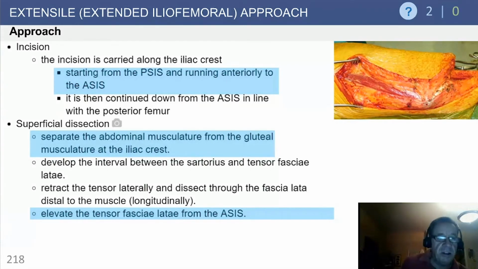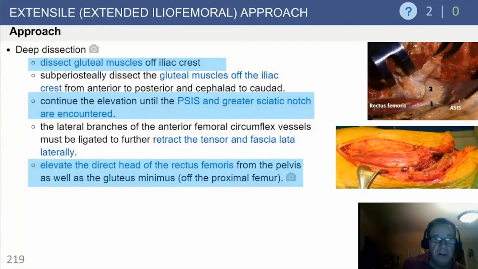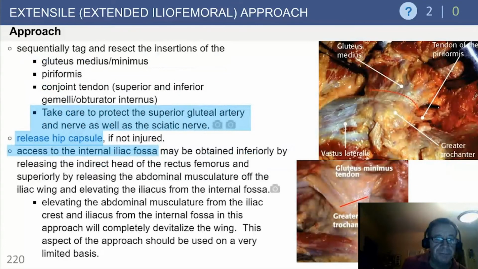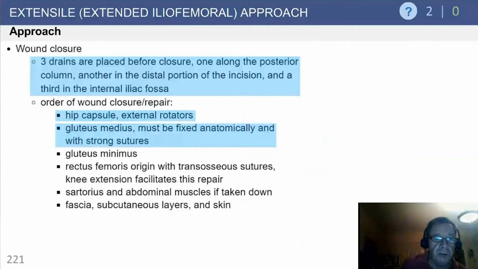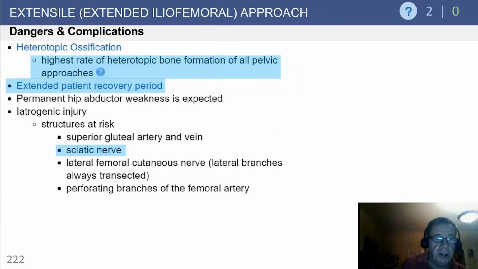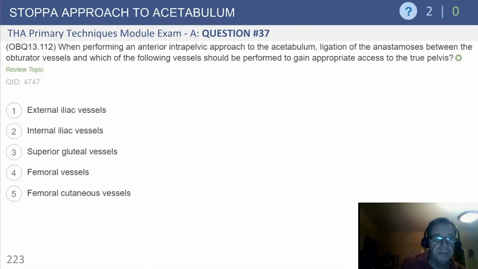Slides 17 and 18 discuss the approach, the superficial dissection, the deep dissection as well, and some of the technical aspects of going forward with this surgical approach, the use of drains, wound closure and the like, HO, and then the structures at risk, including the superior gluteal artery and vein and the sciatic nerve. And then the final is question 37.